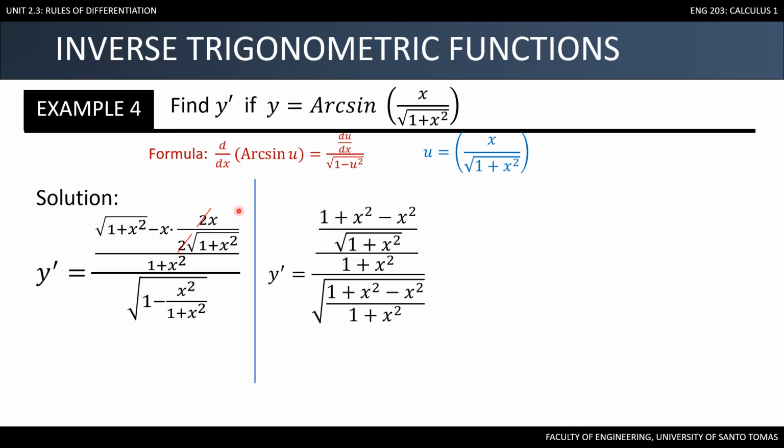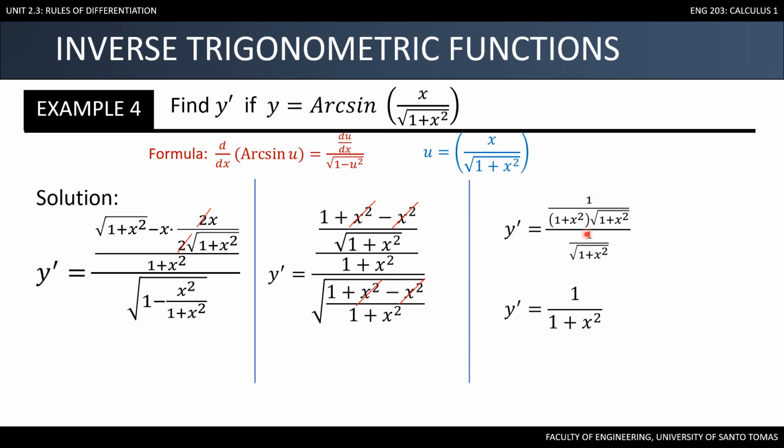So we will be taking the LCD of this numerator, which is square root of 1 plus x squared. And we will be having 1 plus x squared minus x squared. Copy all 1 plus x squared, this part, all over, again, take the LCD, which is 1 plus x squared, and the numerator is 1 plus x squared minus x squared. Obviously, we will be canceling out x squared minus x squared and the other x squared minus x squared here.